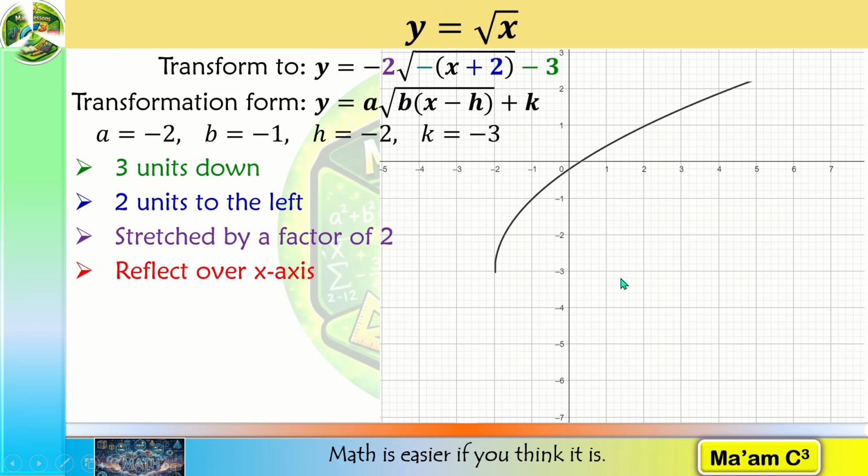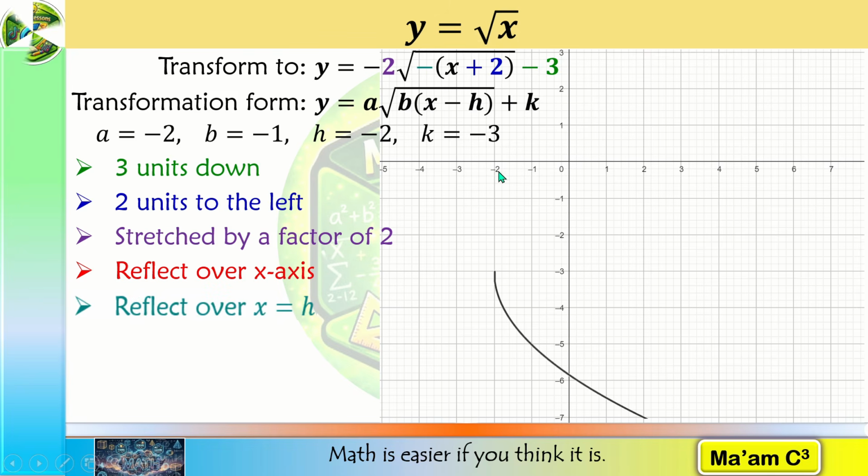So this will reflect over here, and here is now our graph. And finally, the negative inside the radical symbol will reflect over x equals h. And here is our h, negative 2. So our graph will reflect on x equals negative 2. Let's do that. Now, here is our final graph.